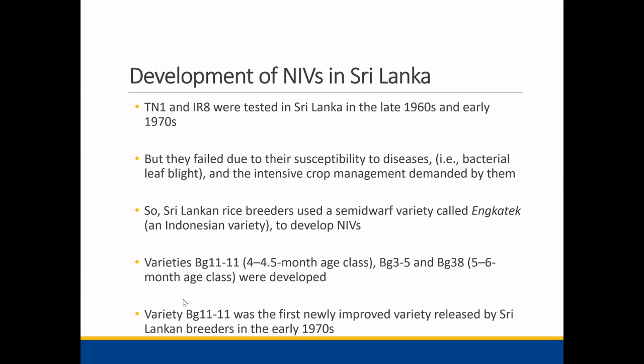The first newly improved variety is BG1111. This is how you write it: BG1111 was the first newly improved variety released by Sri Lankan breeders in the early 1970s. The parents, you should know this.